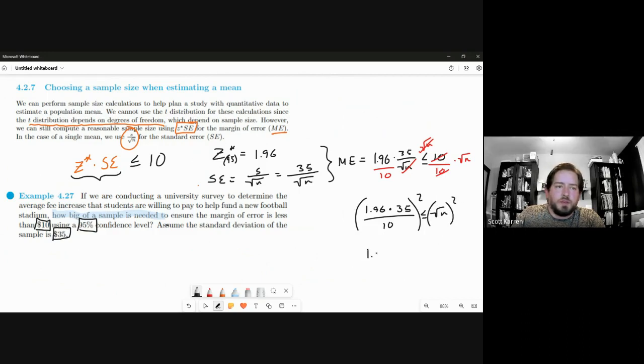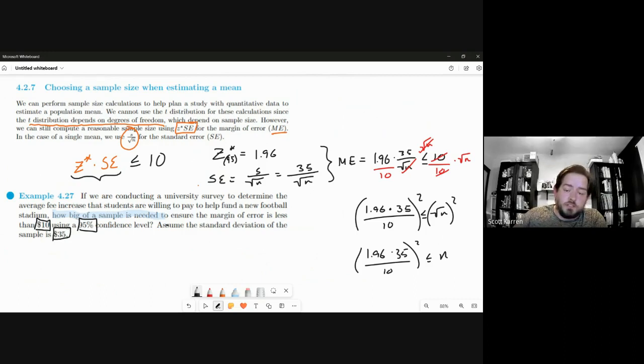So that's 1.96 times 35 all over 10, all squared. Whatever that value is, N has to be greater than or equal to that. If it's an integer, then it's just that value. It's probably not going to be, so I'll round it up. 1.96 times 35 divided by 10, squared, is 47.0596.